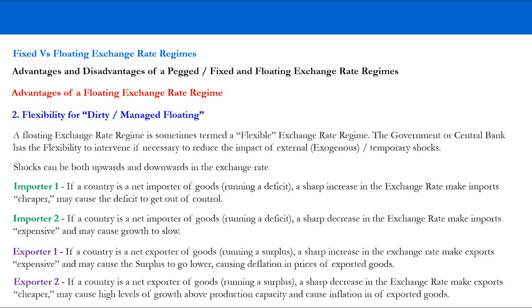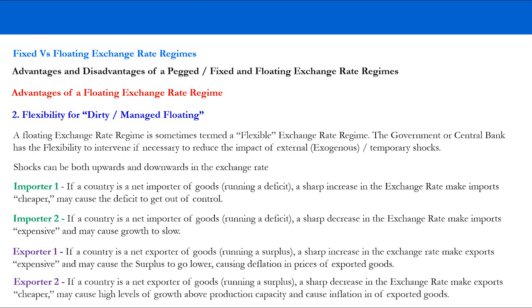So with an importer, both an upwards movement and a downwards movement in your exchange rate can have both positive and negative impacts. As an exporter, so let's say, for example, you're a country who's a net exporter of goods and you're running a surplus, a sharp increase in the exchange rate due to some exogenous shock that's out of anybody's control makes your exports more expensive and can cause your surplus to go lower.